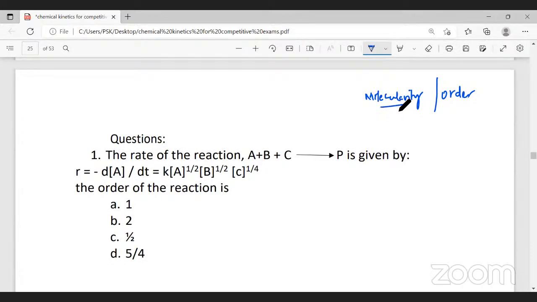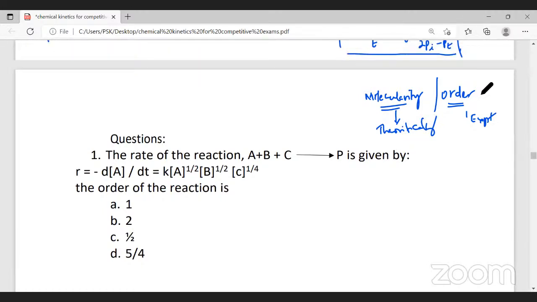We have defined what is molecularity, we have defined what is order. Order is determined experimentally. Molecularity is determined theoretically by a balanced chemical equation. You can just go through the concepts of molecularity and order in the other videos. You will understand better. Now, a few questions we will solve and then continue with the topic possibly.